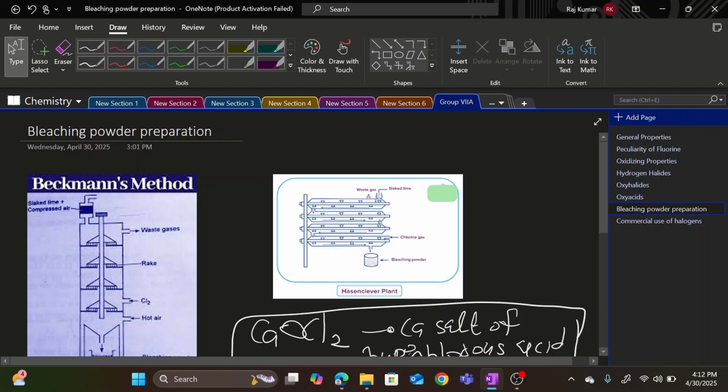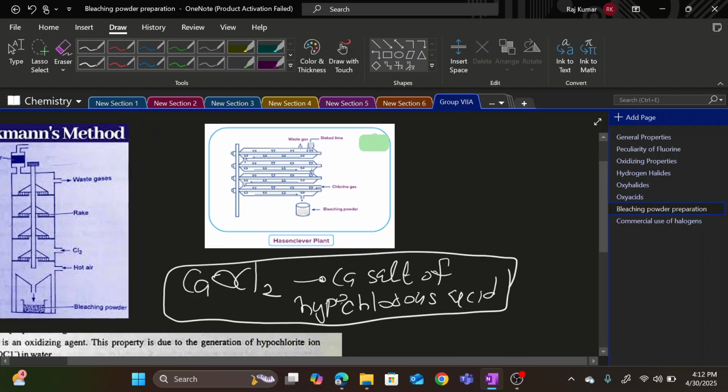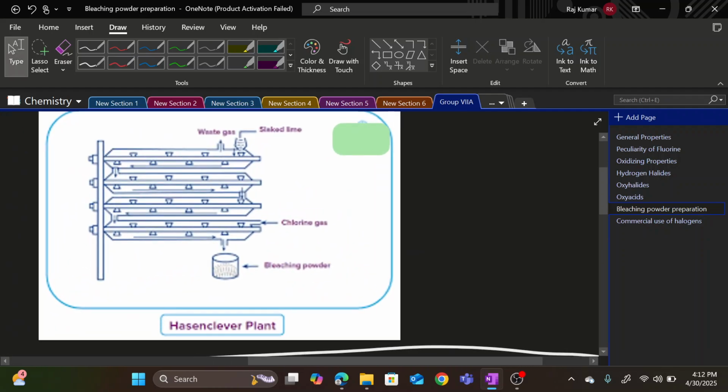There are two methods. One method is the Hasenclever method, in which the Hasenclever plant is used. This is the old method, in which there are 4 to 8 iron cylinders, which are horizontally arranged and connected to each other with stirrers. And on the top of that, we have a hopper. I'm not sure about the actual word, but that's the opening from where the slaked lime comes in.